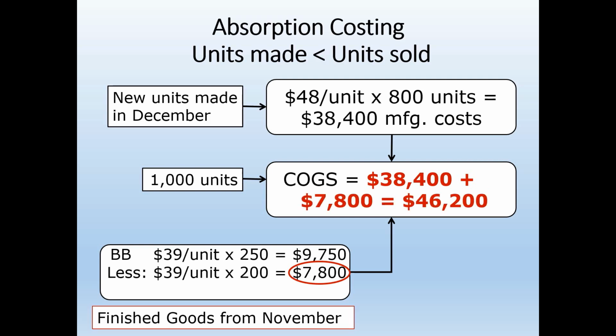Together, the cost of the units made in December plus the cost of the 200 units from November equals the total cost of goods sold for December. We can subtract the value of the 200 units that we must have sold from the total ending inventory from November to find the value of the ending inventory at the end of December.